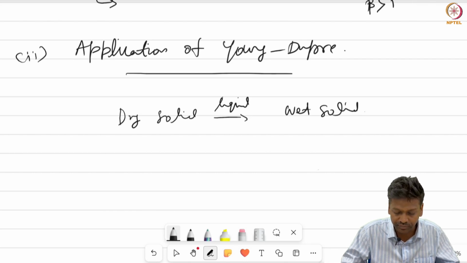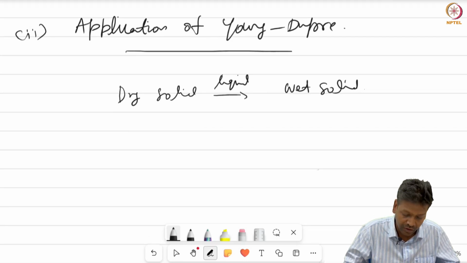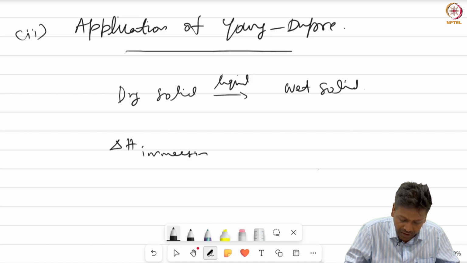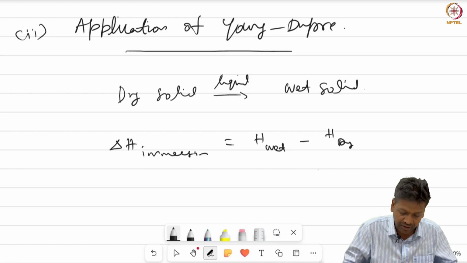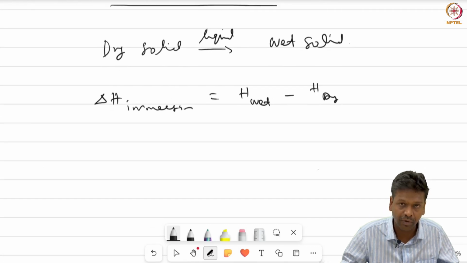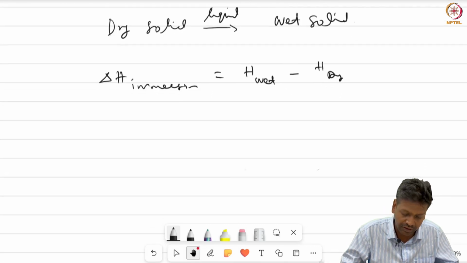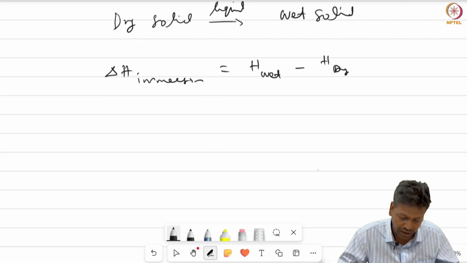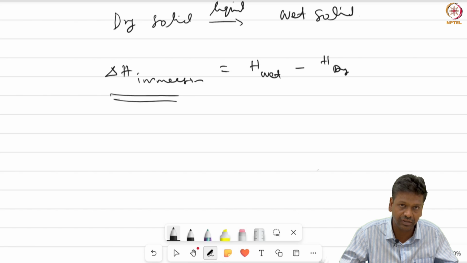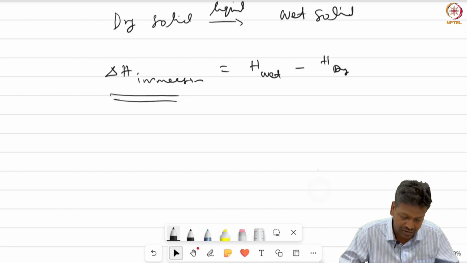So let's say you are calculating the delta H immersion, which is nothing but H wet, the enthalpy of wet solid, minus the enthalpy of dry solid. You expect that in this case some amount of heat is released, right? So this is our problem statement. So how do we calculate this delta H immersion? That is the question that we are trying to address, right?